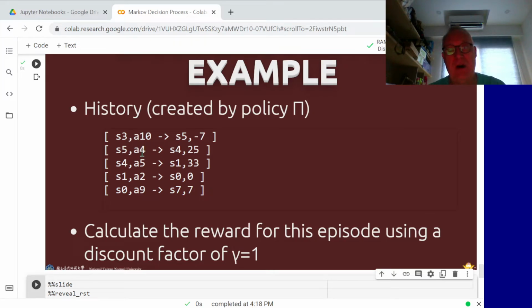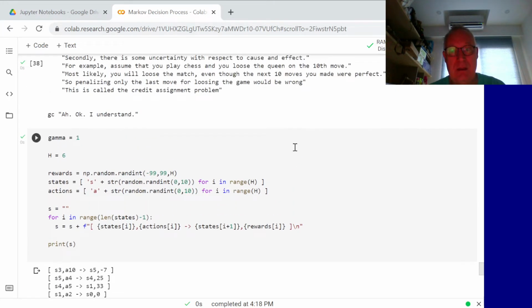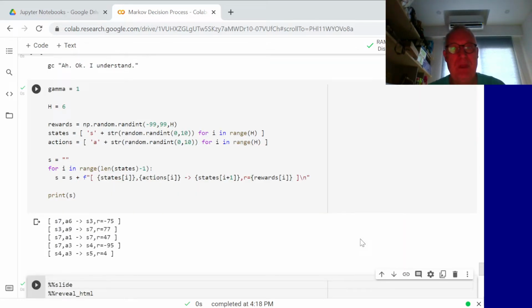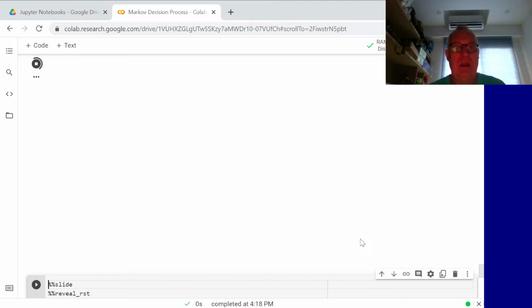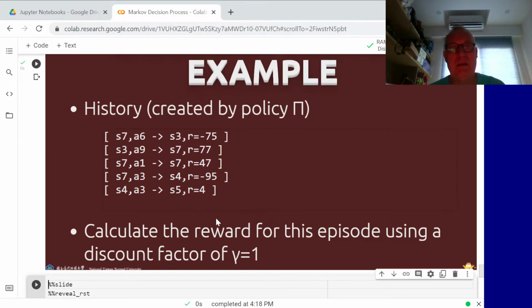Then we execute action 4 and have to pay some money. So then, given a discount of 1, what would be the expected reward of that policy pi?